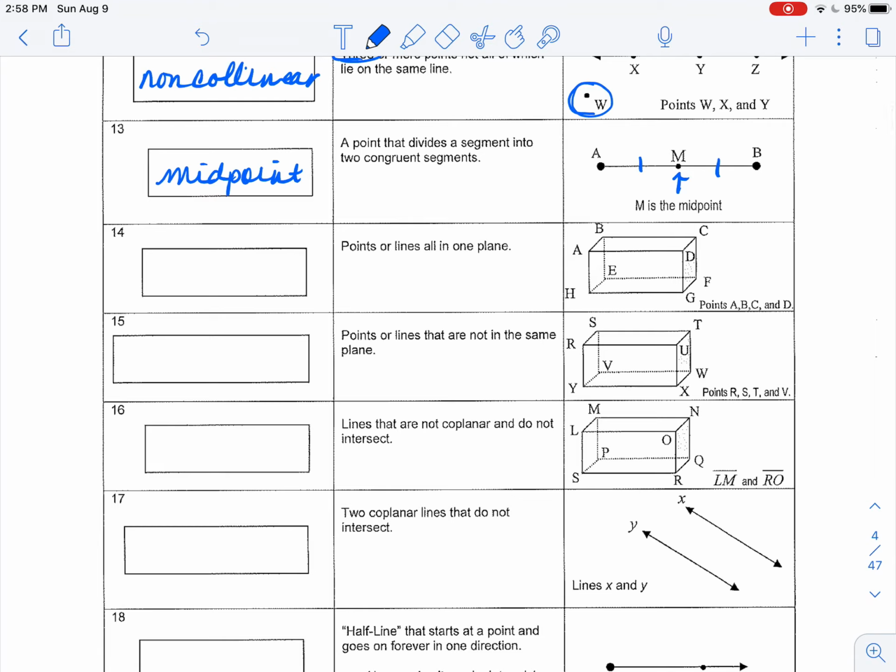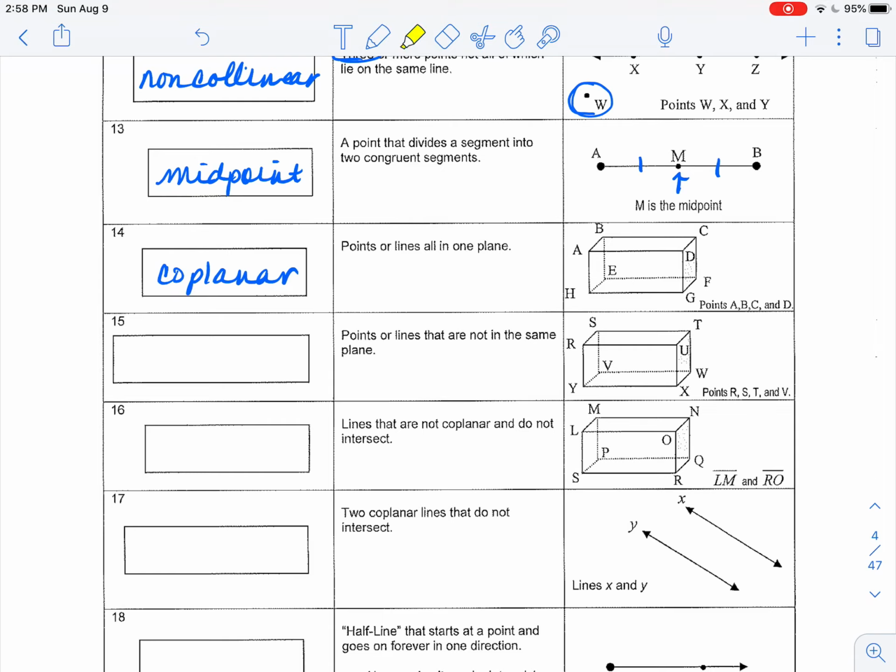Number 14, points or lines all in one plane, coplanar. These are points or lines that are all in the same plane. In our little diagram here, we have points A, B, C, and D. If you can imagine A, B, C, and D, like the top of this box, as one plane, those are all on the same plane.